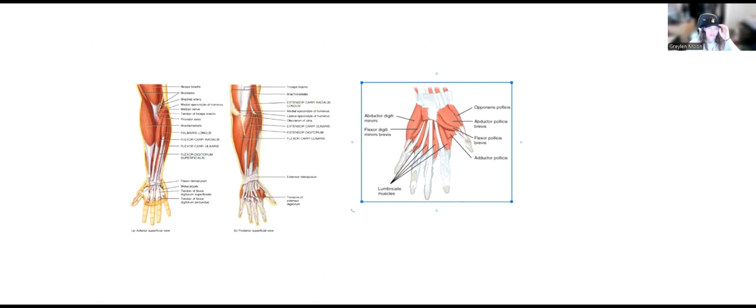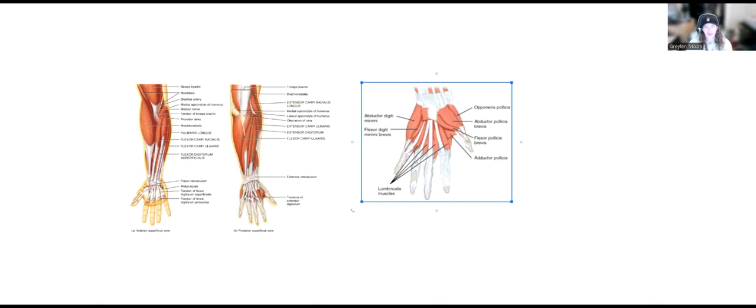Some ligamentous structures to note are the palmar radiocarpal ligament. It's going to connect the radius to the carpals, and it's going to limit our ability to extend. We have the dorsal radiocarpal ligament, which is going to stabilize the wrist when we flex like this, right?